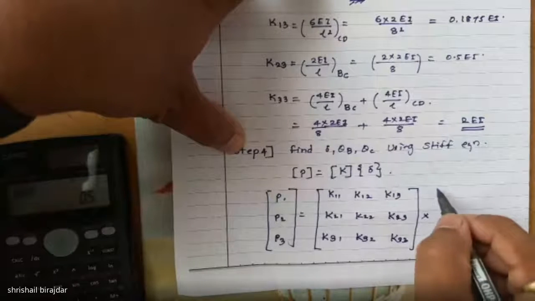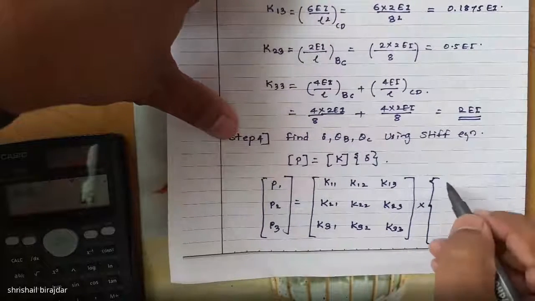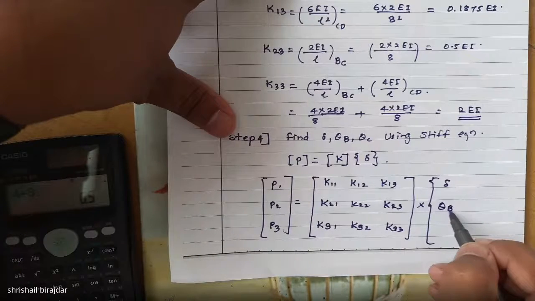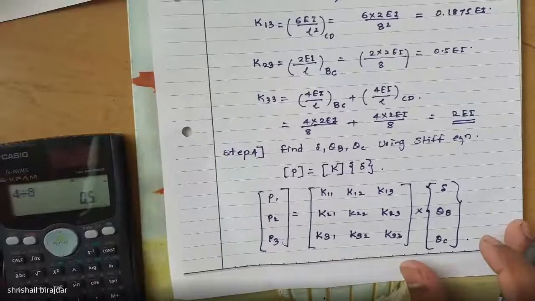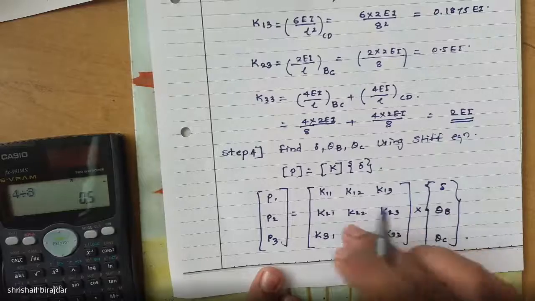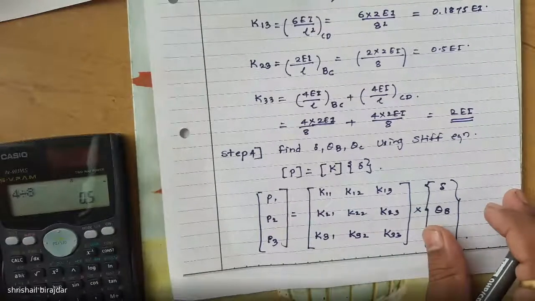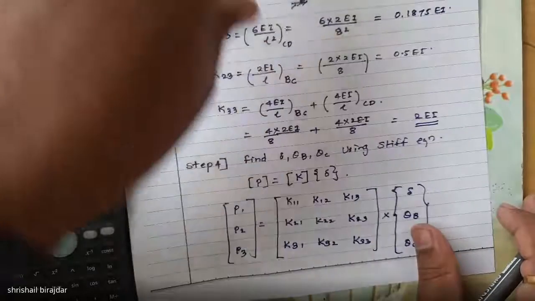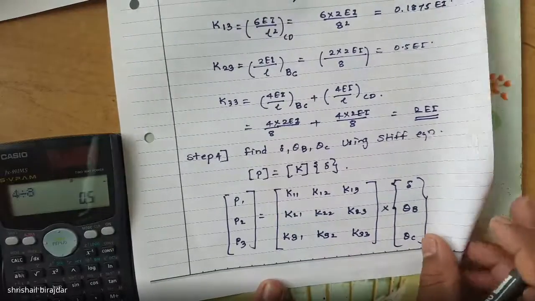And here are the unknowns: first of all delta, theta B, theta C. This is the stiffness equation. You just put all the coordinates and the values of all the matrices, and try to find out the unknowns. Then you have to solve the 3 simultaneous equations and find out the unknowns here.